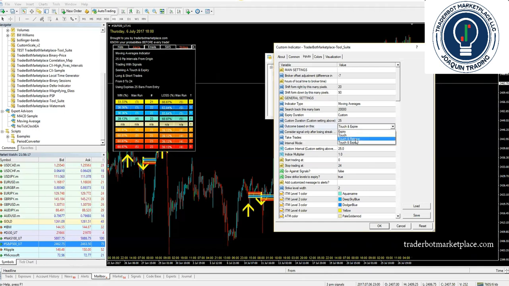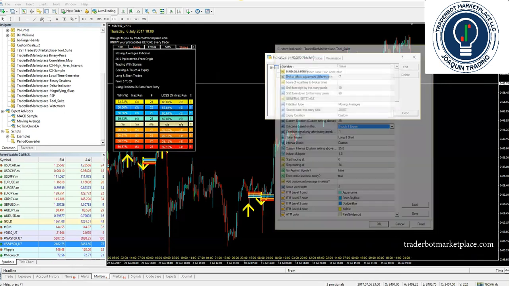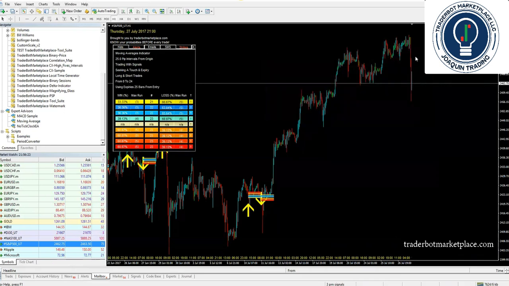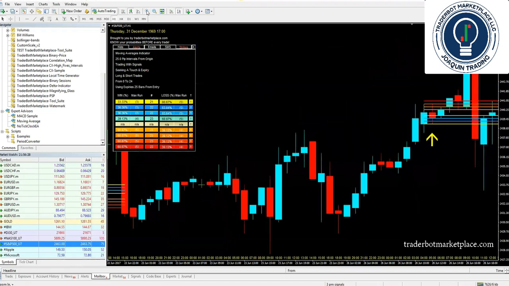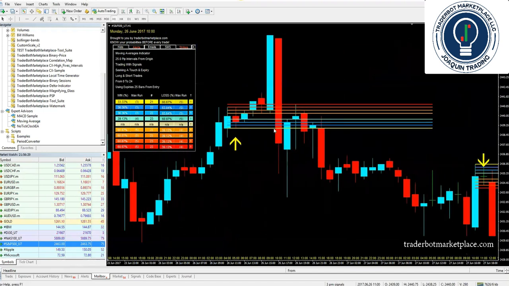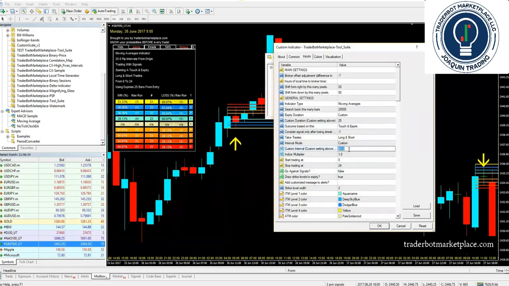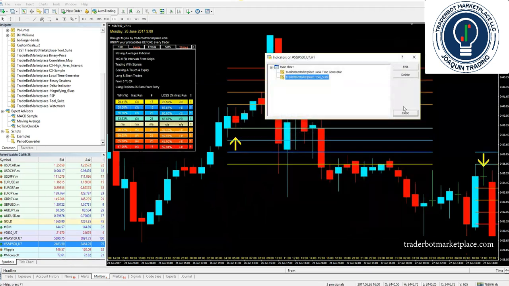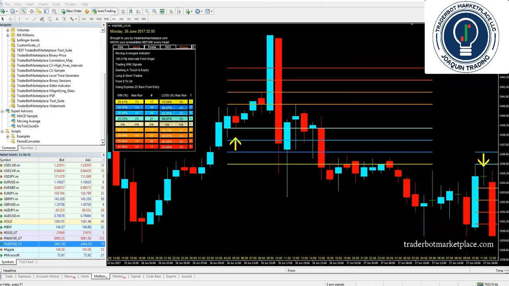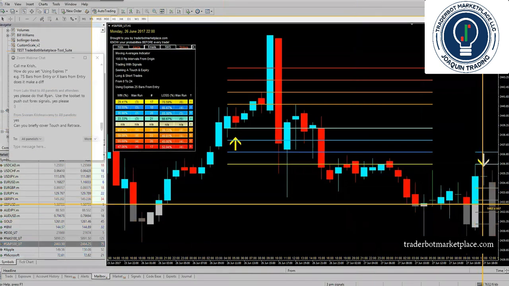Touch and retrace. Okay, touch and retrace is, let me open it up here. I'll show you what all 4 of them mean. Let me open these up where you can see them a little bit better. I'll put it on 100.